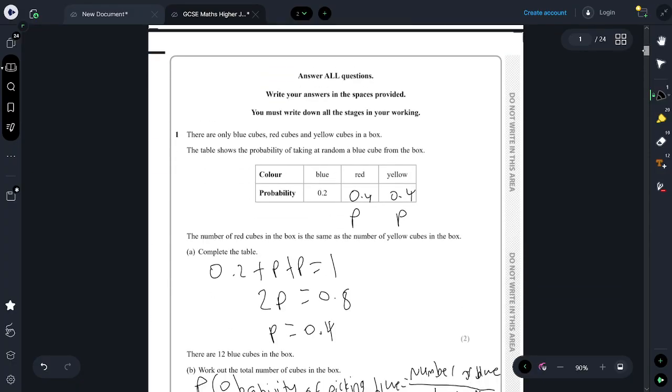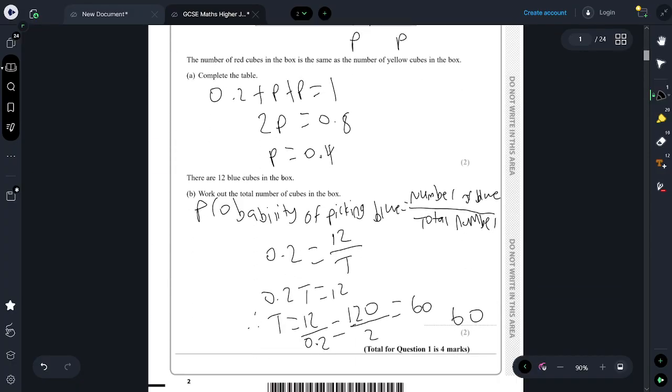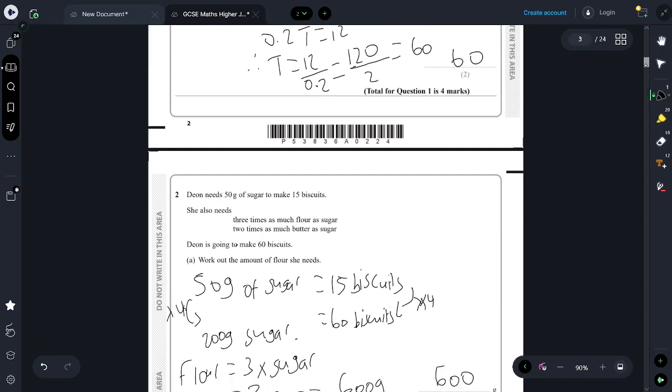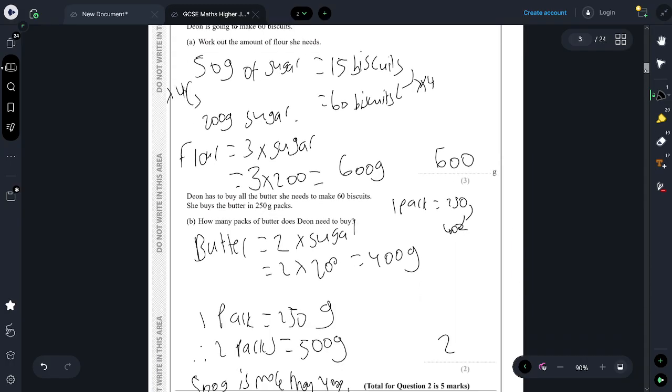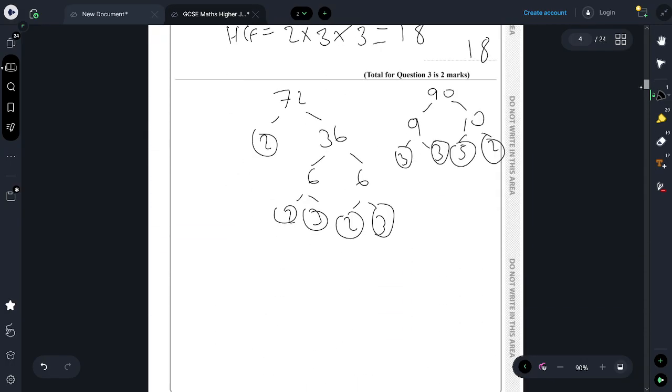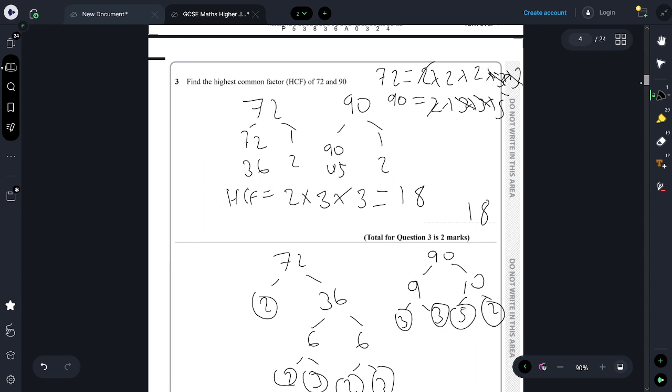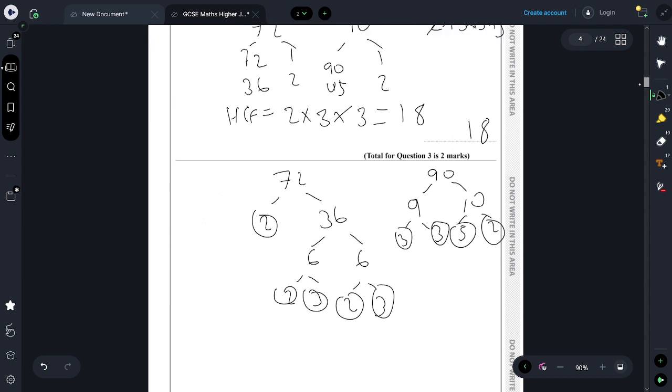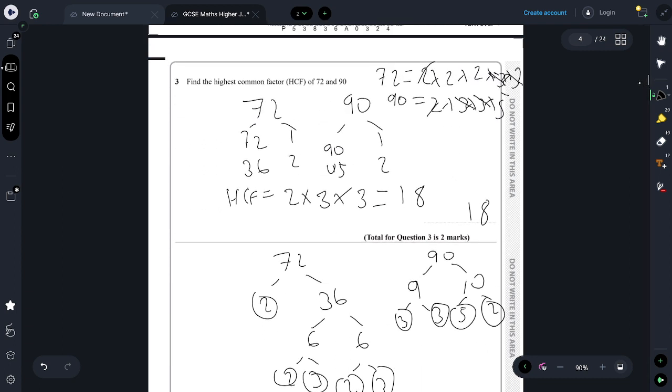There was a probability one, not like this, but there was a probability one in both of them. There was a ratio question like this. There wasn't a highest common factor one, but that's likely to come up. There is going to be a HCF or lowest common multiple question on your paper, definitely.